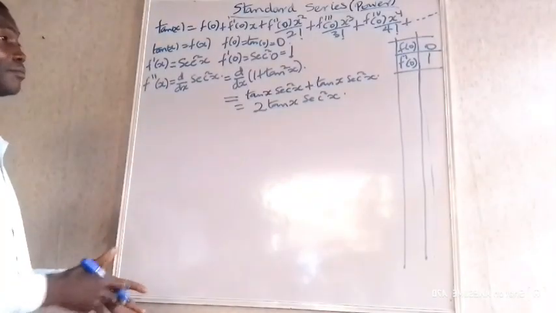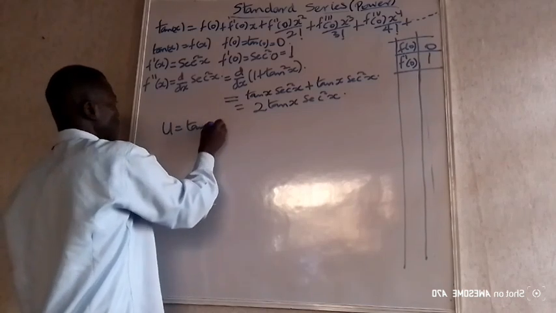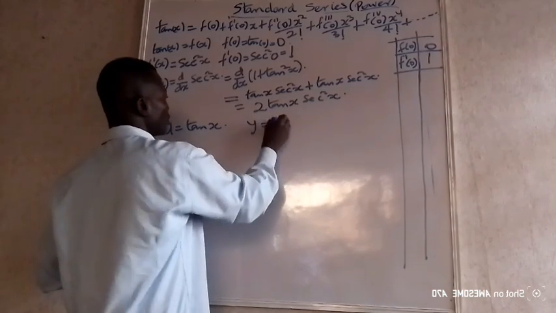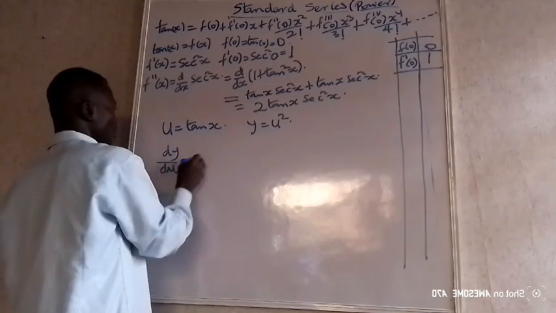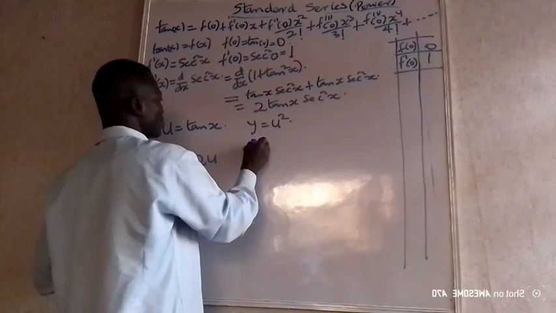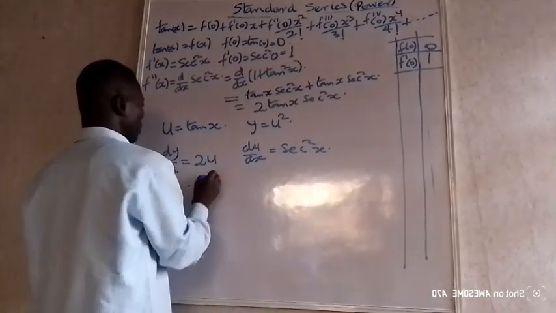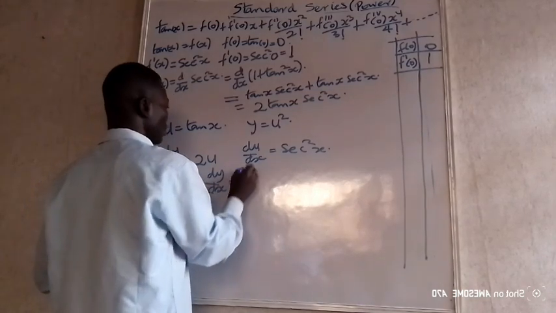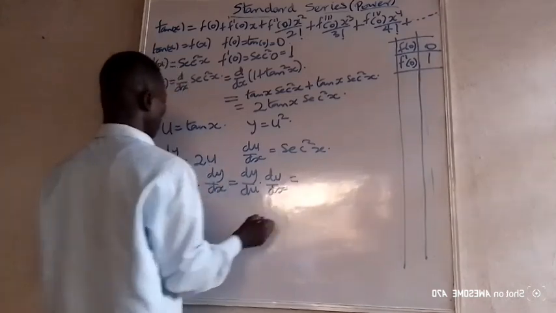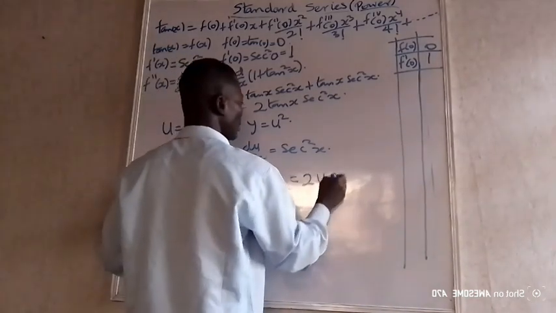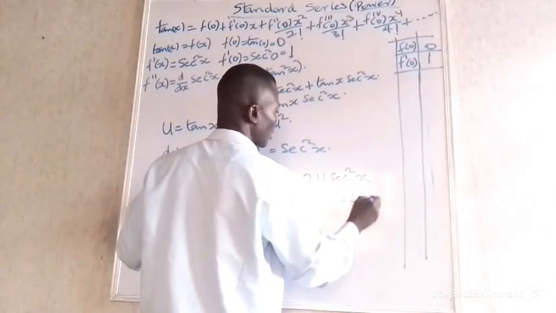Or you can use function of function, where you say u is tan x and y is equal to u squared. So dy/du is 2u, and du/dx is sec square x. Therefore, dy/dx will be dy/du times du/dx, which should be 2u sec square x. That is 2 tan x sec square x.